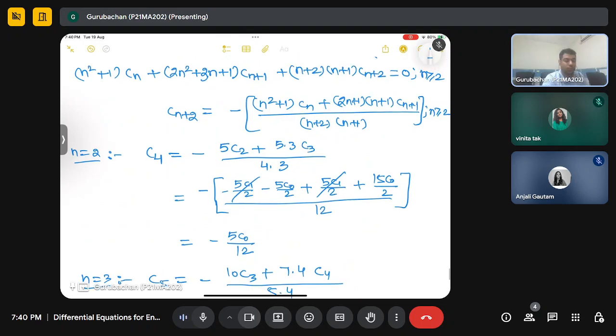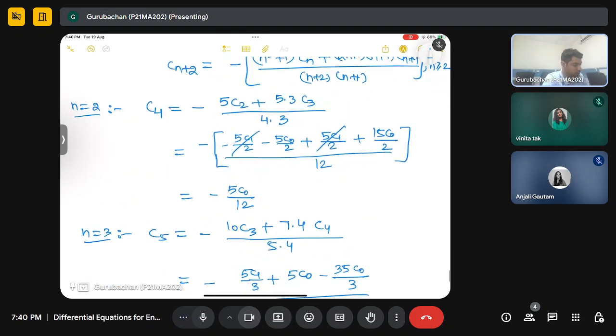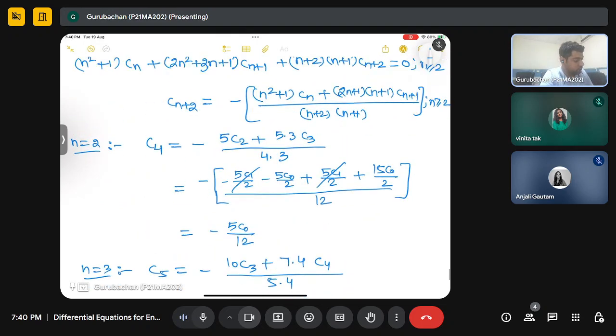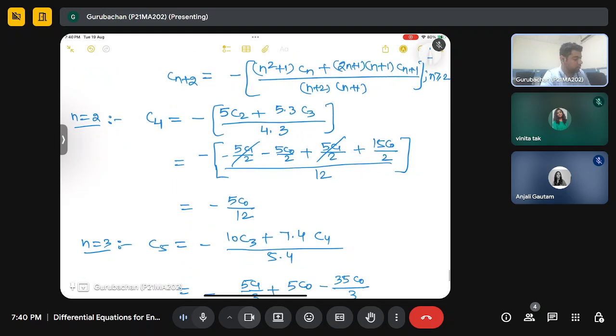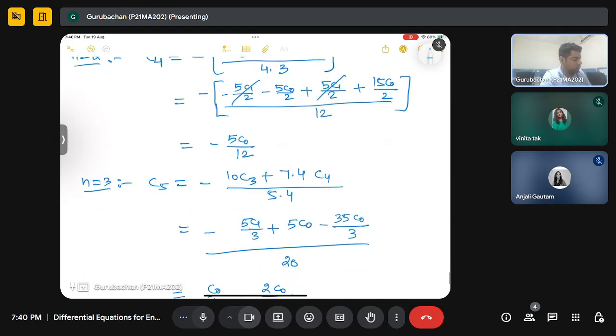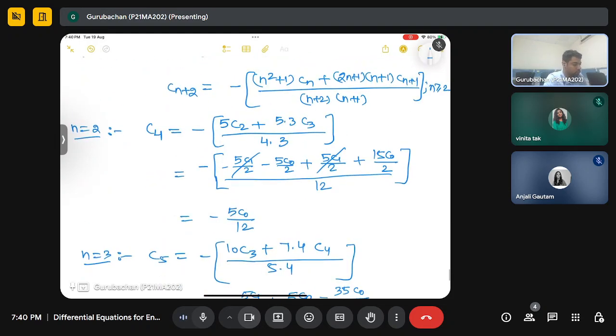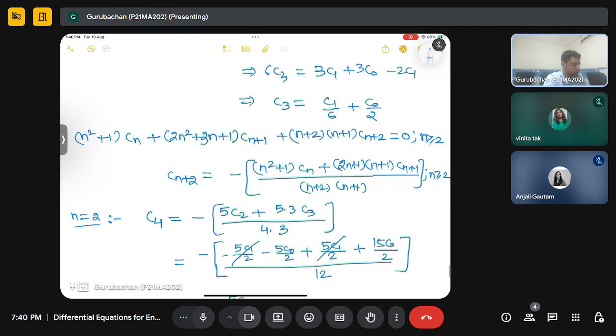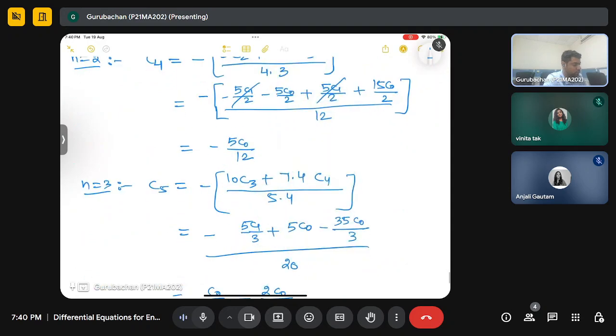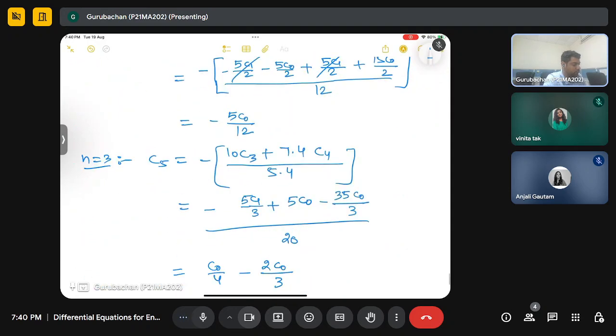Let me just check it so that there will be no such error. So from here, this will be whole negative sign, so this will be negative. Okay, so from here, this will be like this. So negative sign was outside, so C3 was positive, and C4 is negative.